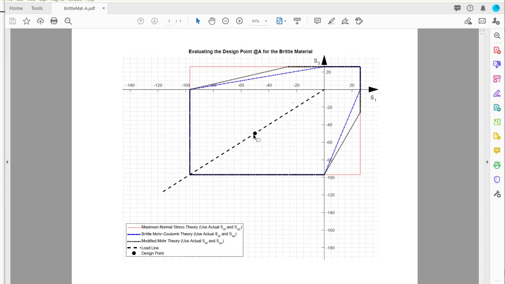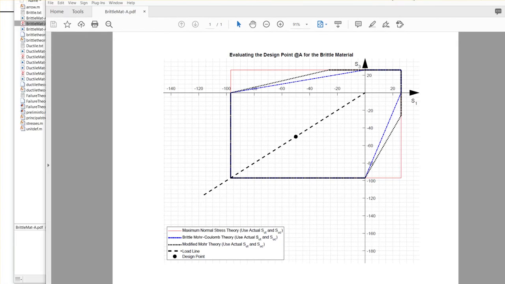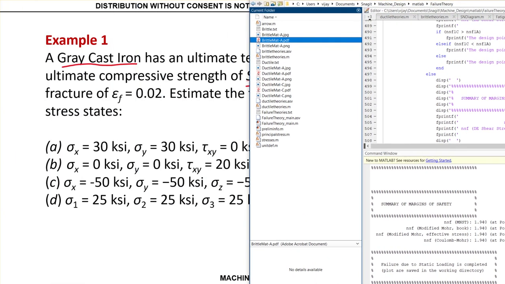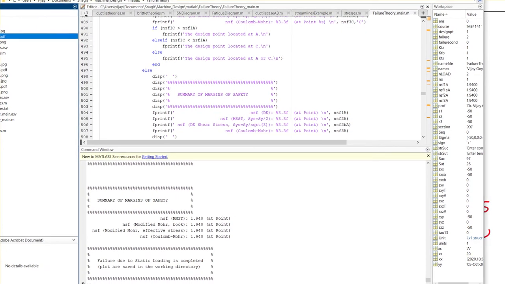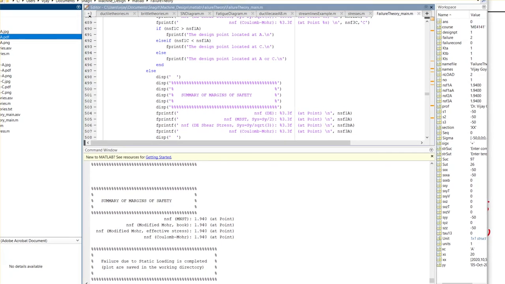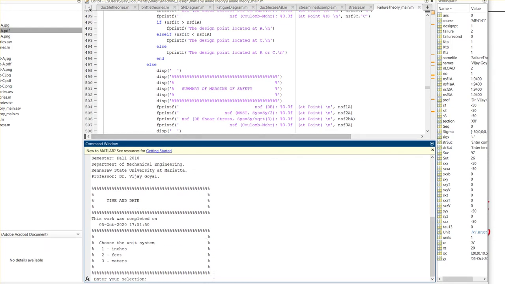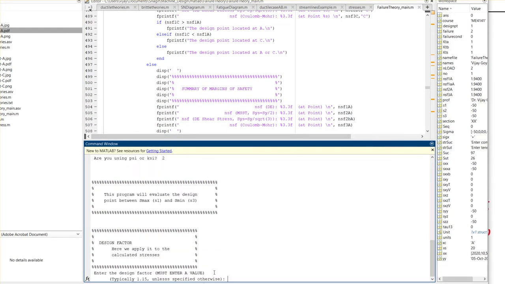Okay, so this is a very interesting case, hydrostatic pressure, and it's very common, especially in the aerospace industry. The other case is all positive, 25, 25, 25. Let's run that case as well. Let's see what happens.